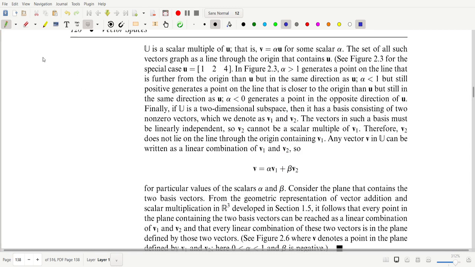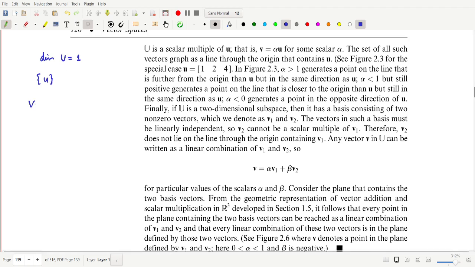To prove the second case, we assume dimension of U is equal to 1. In this case, we can get a basis vector for this subspace U, and every vector V can be expressed as some C times u.